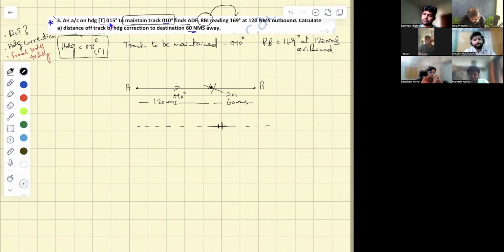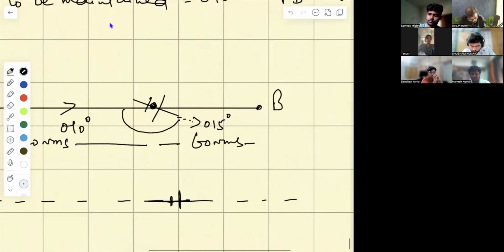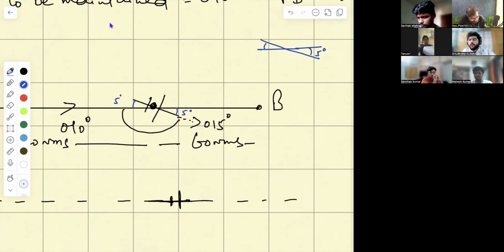this is 015 degrees. What is the relative bearing? See, this is 5 degrees. So this will also be 5 degrees, because if there are two lines like this, if this is 5 degrees, this also will be 5 degrees.